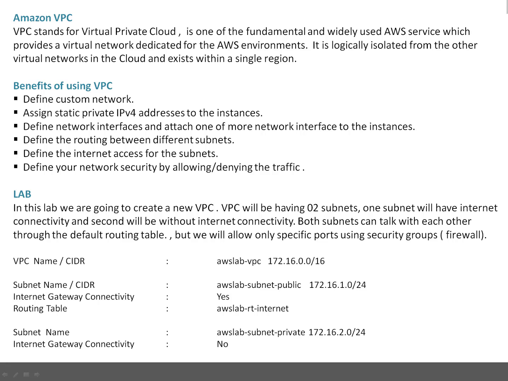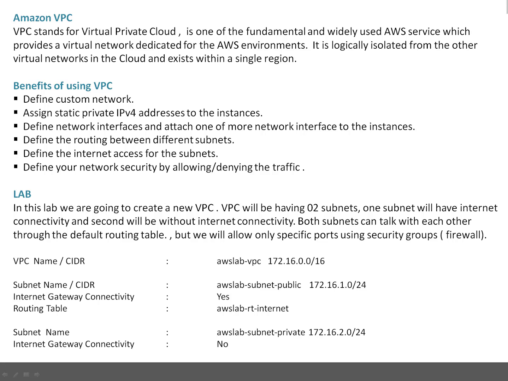So guys, what's the logic of picking two subnets, one with internet connectivity and second without internet connectivity? So let's assume a scenario. You got database servers and you got application servers, or you got web servers. So your web servers are internet facing or public facing, where anyone can connect from internet.